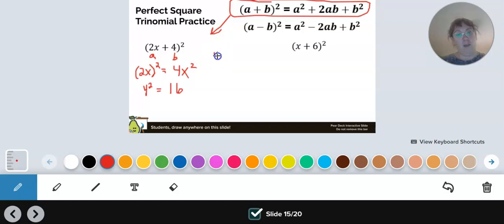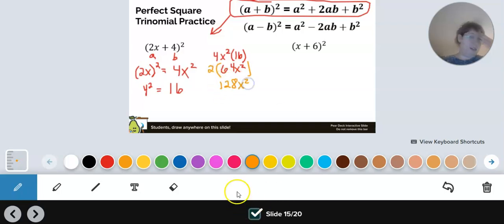So we have 4x squared times 16 gets us 64x squared. And then when we multiply it by 2, 64 times 2, oops, because we want to double it, gets us 128x squared.